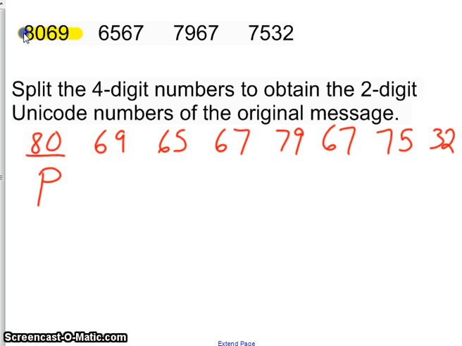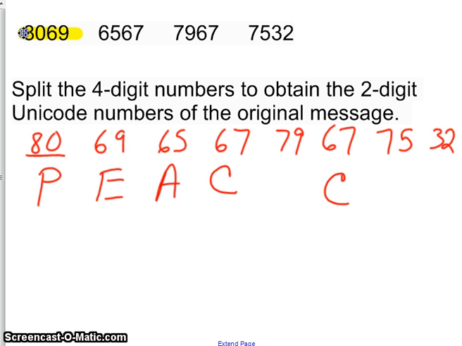No. Let's see, 69 means E. There's no other 69s. 65 means, excuse me, 69. 65 means A. And there are two 67s, so 67 is C.